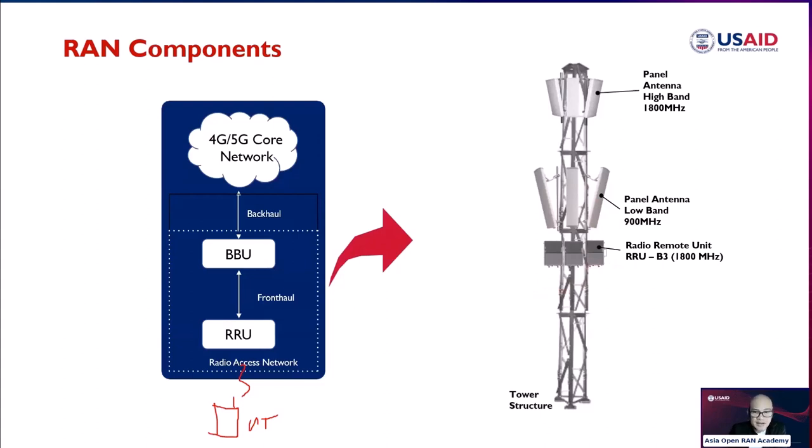RRUs are also frequency specific, meaning certain radios function only on a specific band, like 1800 megahertz, and some radios operate at 900 megahertz. Some of the advanced radios right now operate at dual bands, such as 1800 and 2100 megahertz, or 700 and 900 megahertz.